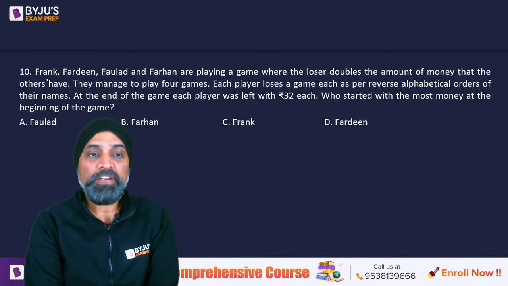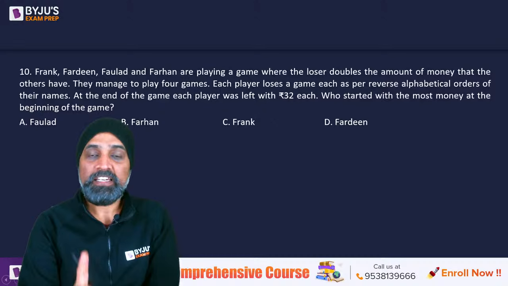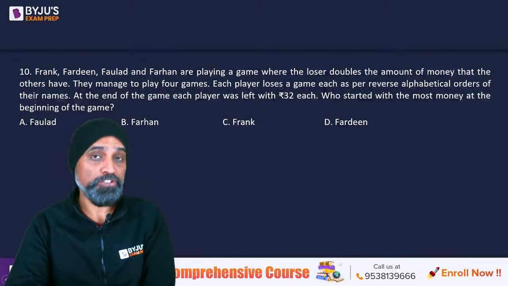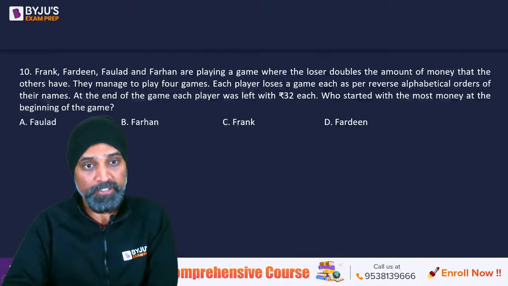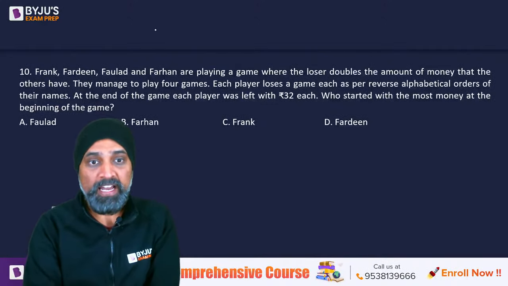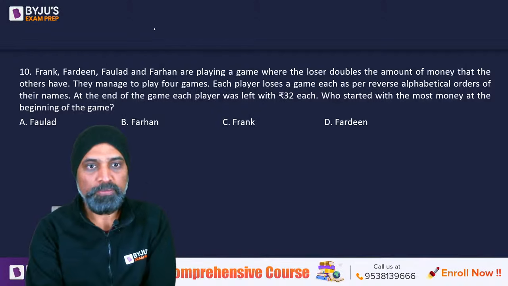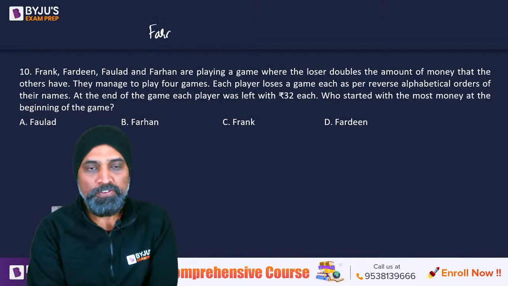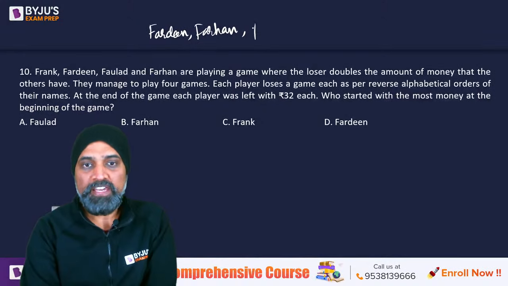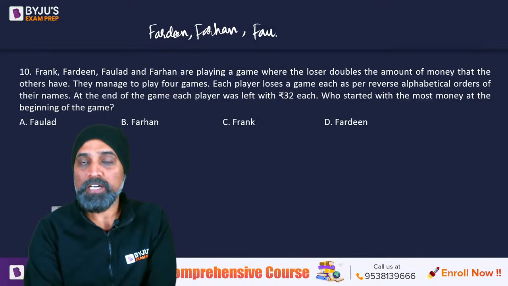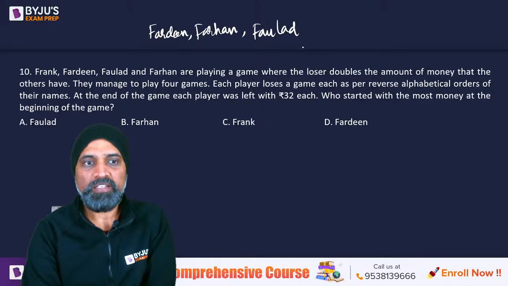So between these 4 people, if suppose they are students of my class and if I take their attendance as per their alphabetical order, the first name that I am going to call is going to be that of Fardeen. फरदीन सबसे पहले रोल कॉल में आएगा, फिर आएगा Farhan because H comes after D, and after that we will have FAU because R के बाद U आता है, so it's going to be Fawad, and after that we will be calling Frank.